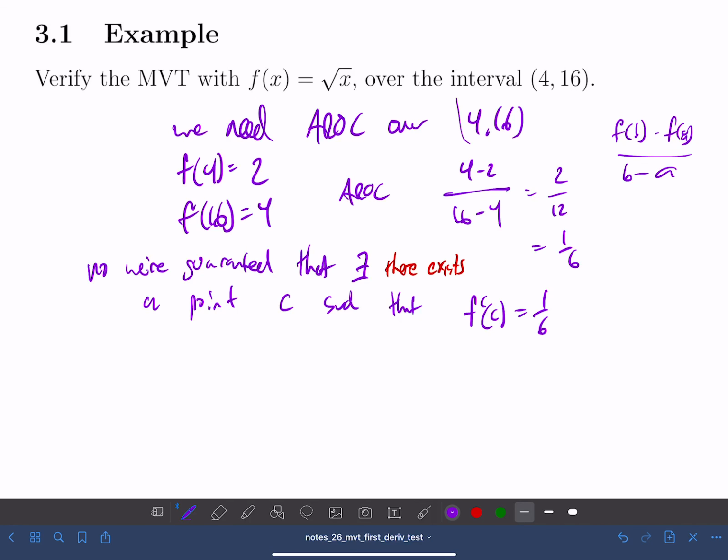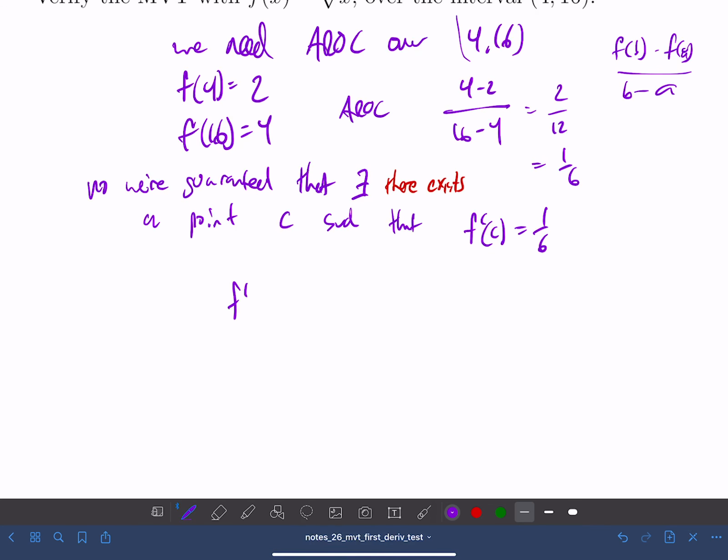So let's check. f prime is equal to 1 over 2 root x. I hope that you're internalizing that root x prime is equal to 1 over 2 root x. And if I go f prime of c is equal to 1 over 2 square root of c, that's equal to 1 over 6, we're guaranteed that we can solve this.